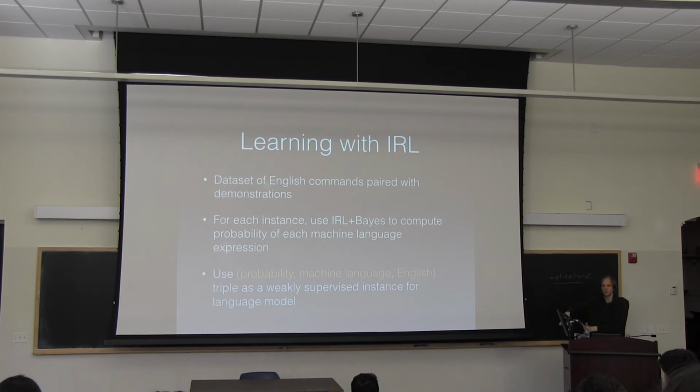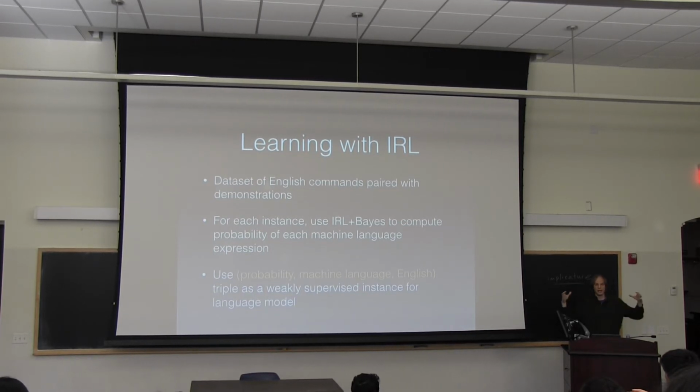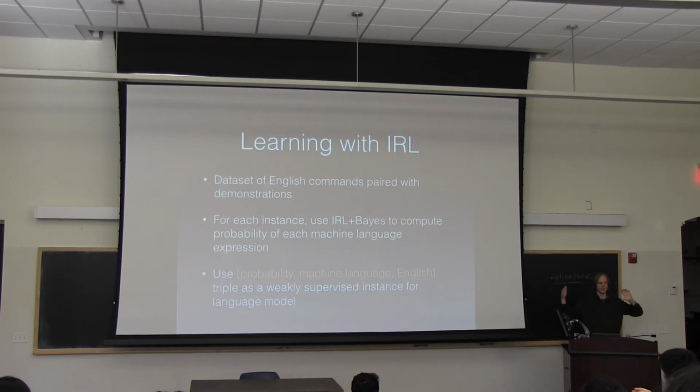That's just pushing it forward through our generative model. That gives us a pairing of a probability, a machine language expression, and an English command. Then we can use what's called weakly supervised learning to take that information and train the language model parameters. I won't get into that detail here, but that's fairly standard.